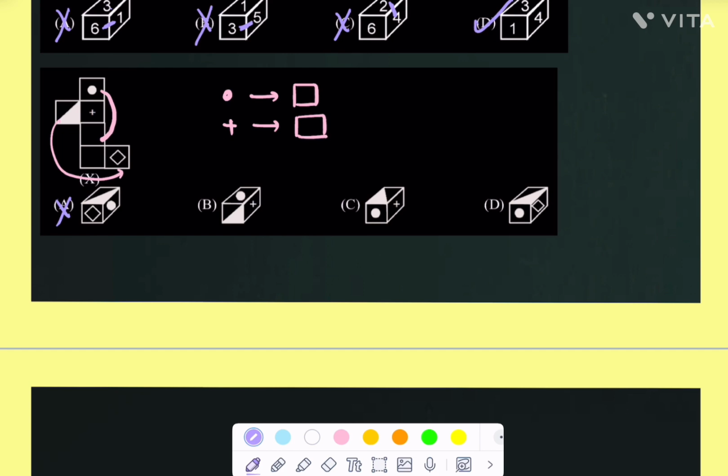So triangle, dot, plus are adjacent only, so the second option and the third option are also matching, right? Adjacent condition case. Now if I go for the last one, the fourth one, triangle, dot, rhombus are adjacent to each other, so triangle and rhombus are both opposite to each other, it is not the correct option, right?